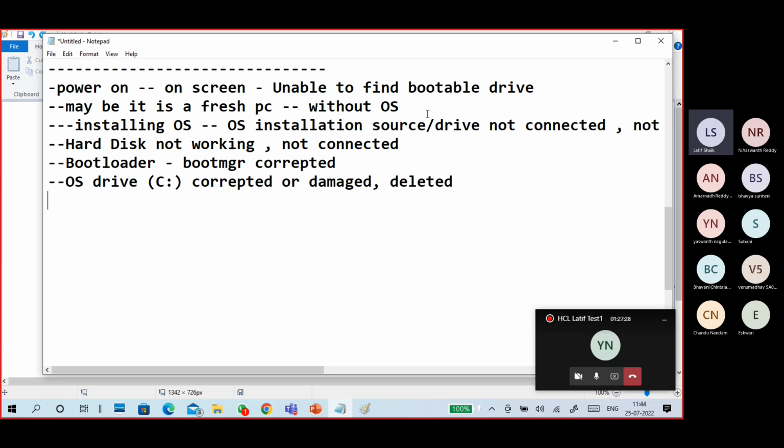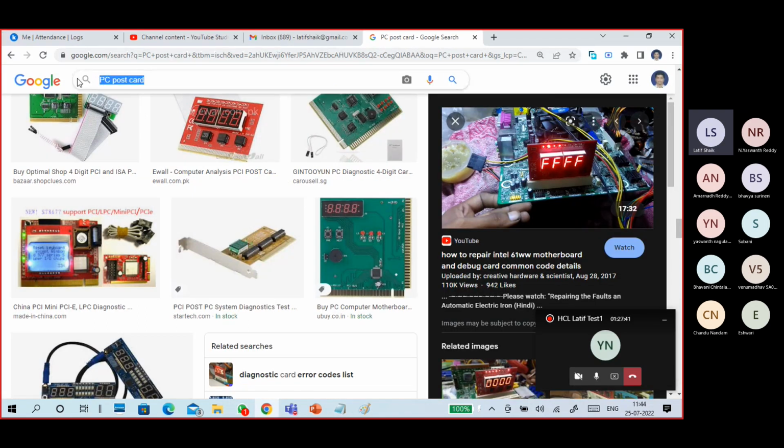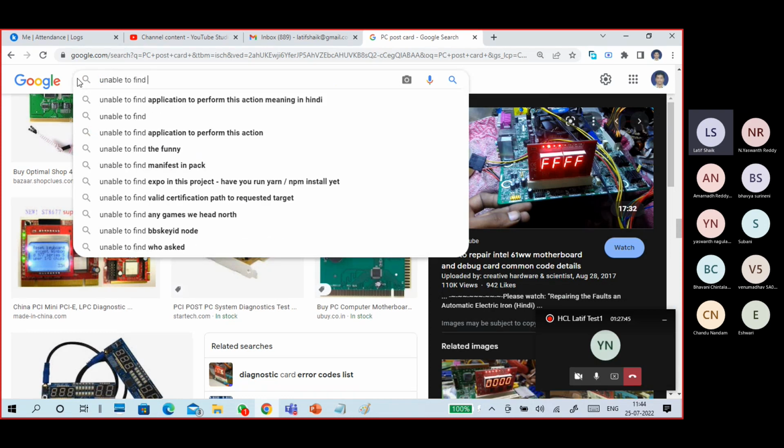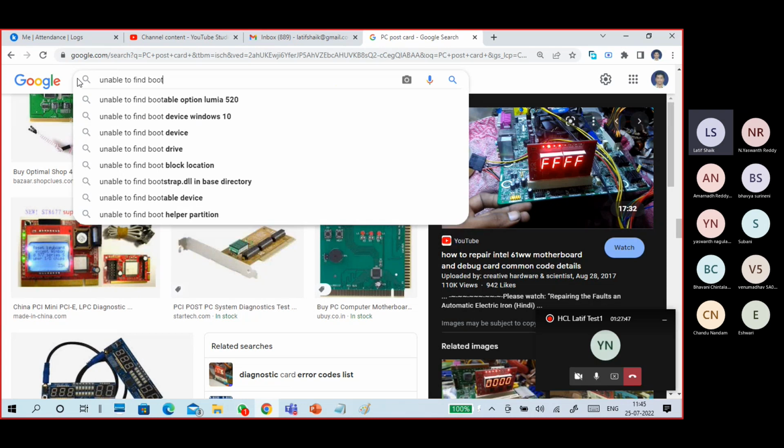So this is basically when you power on a system, on screen it is showing unable to find bootable drive. You can try here, unable to find bootable disk.